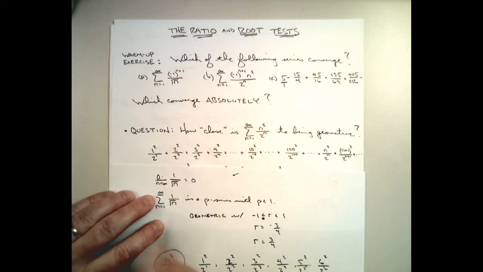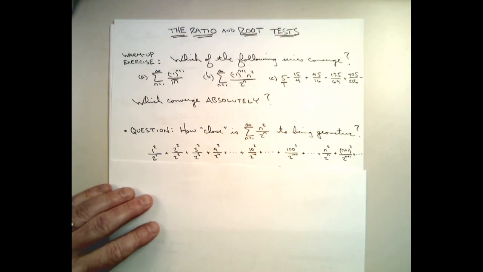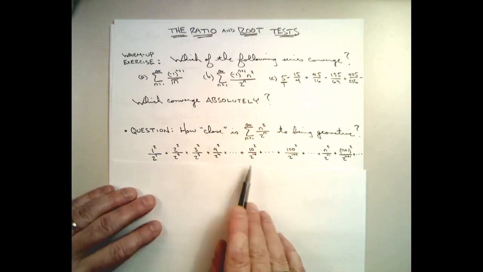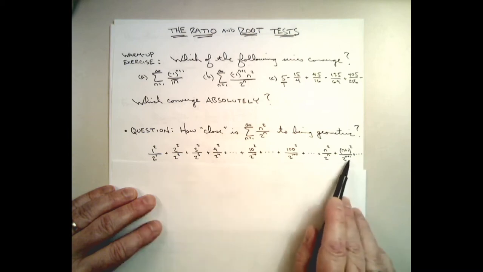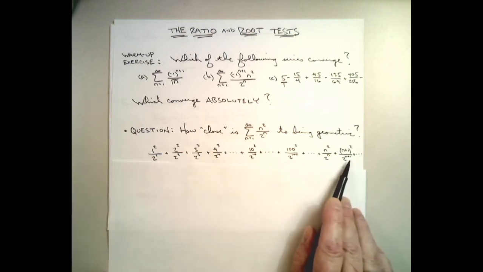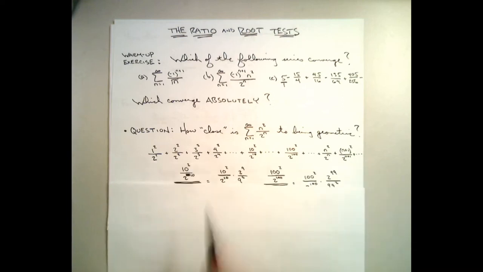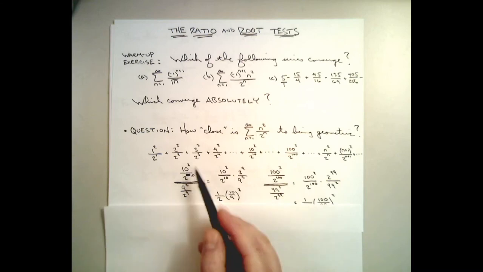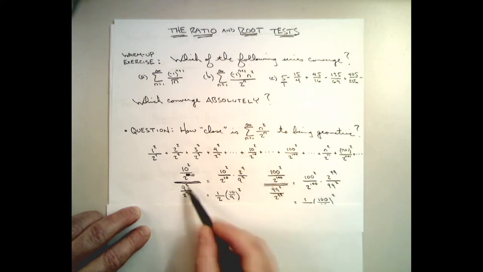And what do I mean by that? Well, all right, so I've written out the first several terms here of this series. Let's just look at some of these ratios. So if I took, let's say, 10 to the second over 2 to the 10th and divided it by the previous term, that would be 9 to the second over 2 to the 9th.